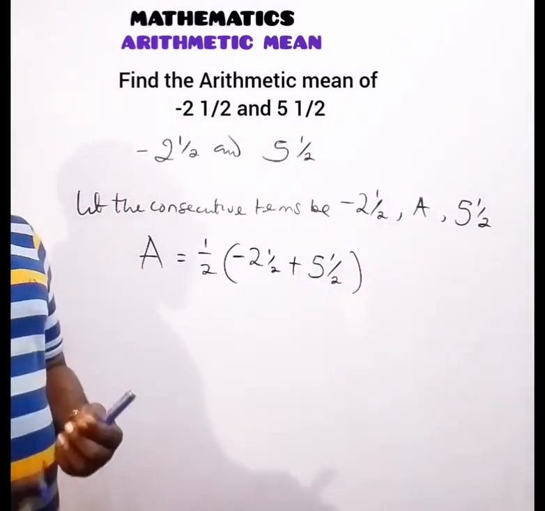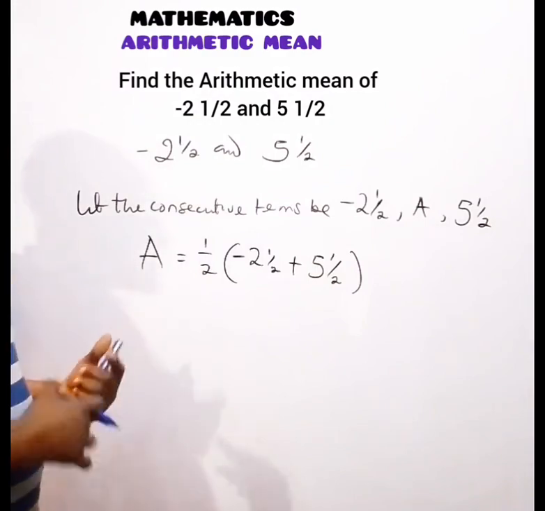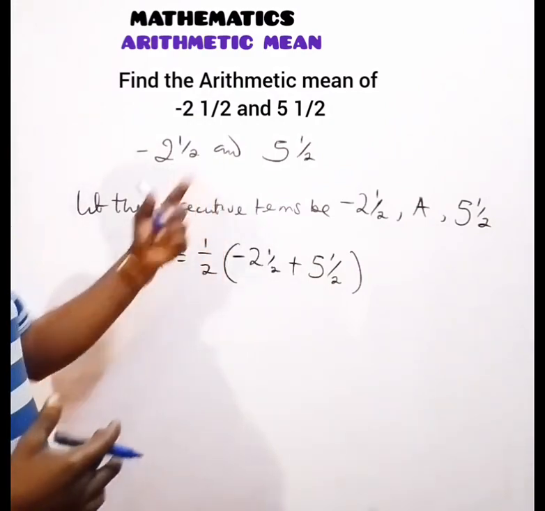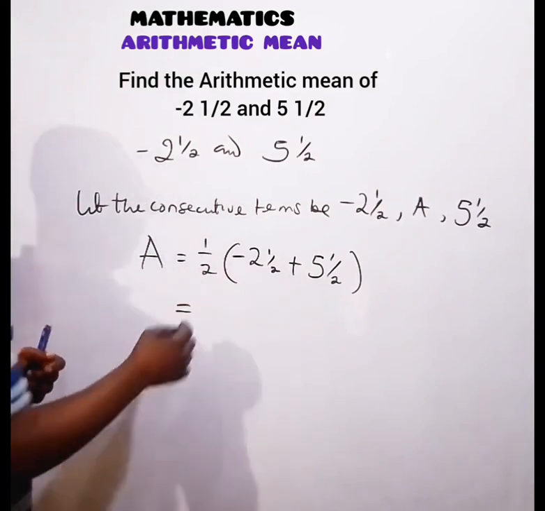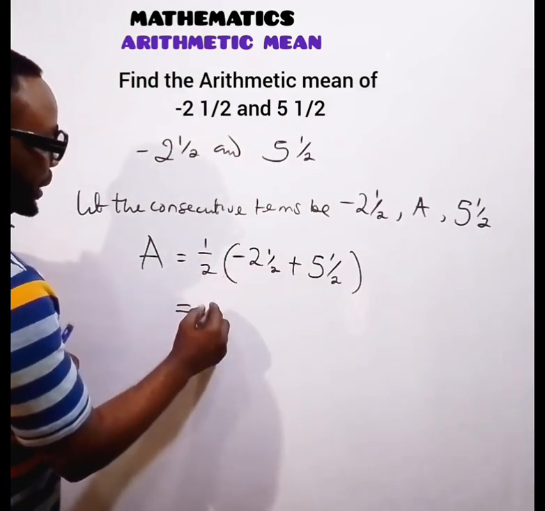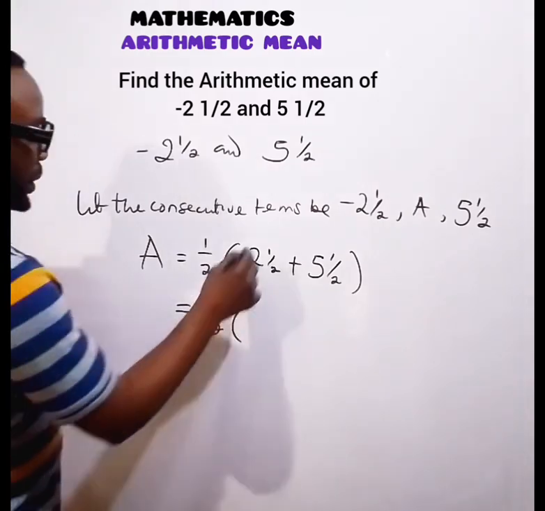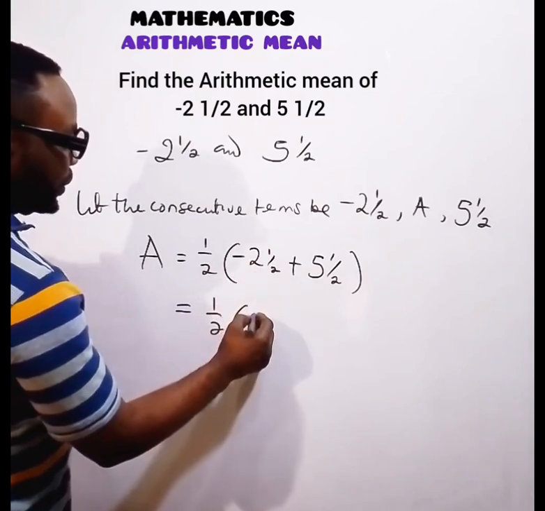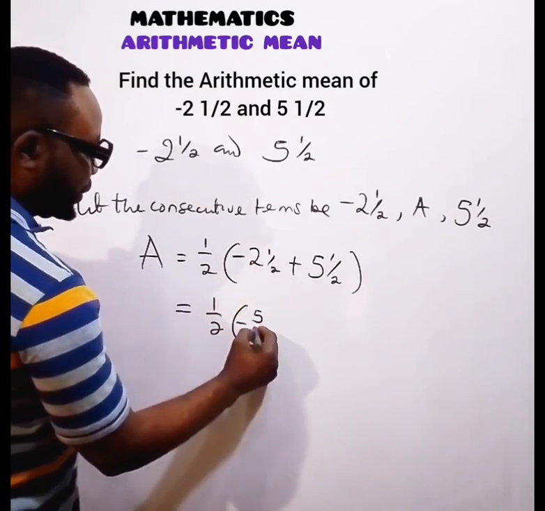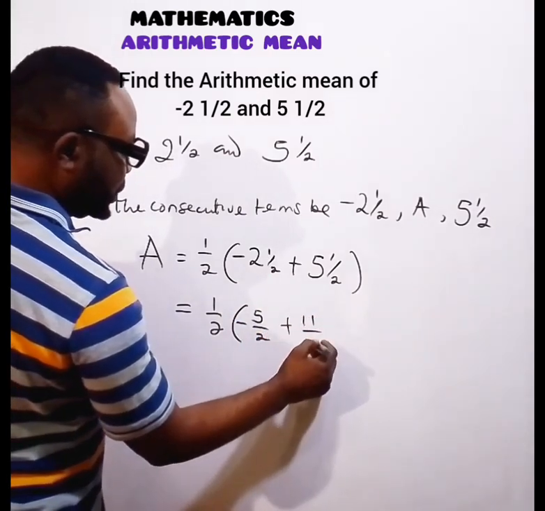Yes, we are doing well. If you check the formula we got earlier from the introduction of the arithmetic mean, you will see this expression is a proper one. Now we go ahead and say 1 over 2 into, let's convert this to fractions properly. We have minus 5 over 2 plus 11 over 2.